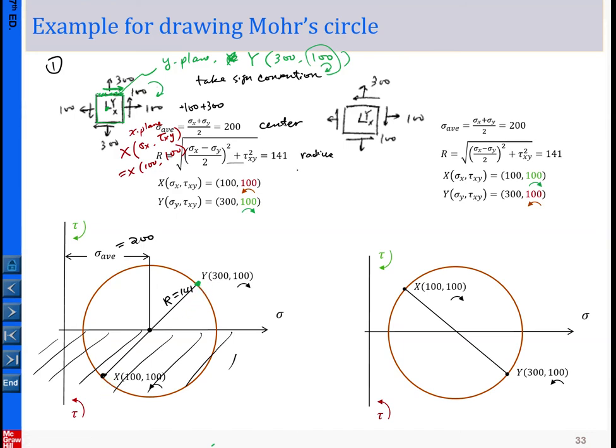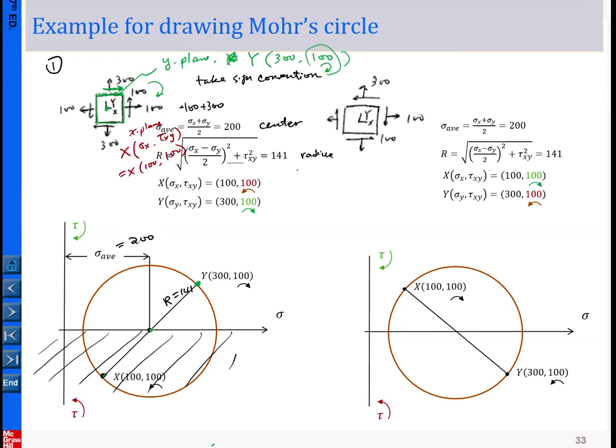One final point, as a final check: once you label x and y correctly and connect x to y, that connection will be a diameter of the circle, which means it will pass through the center.